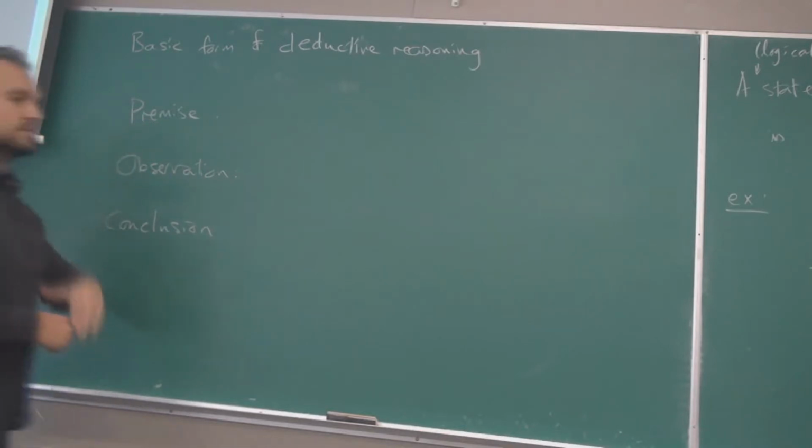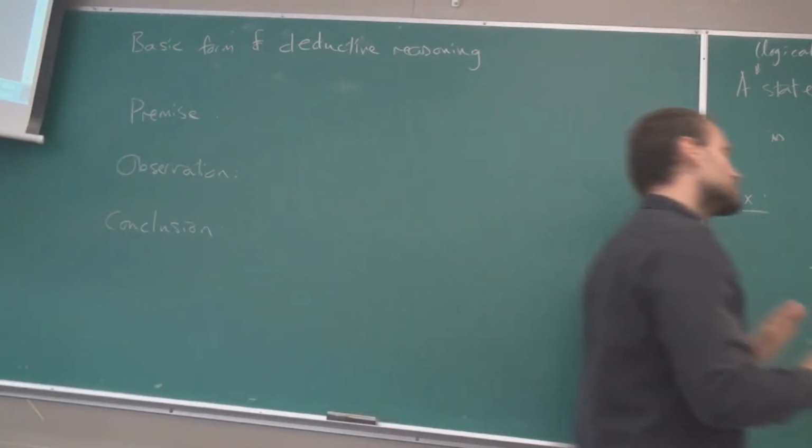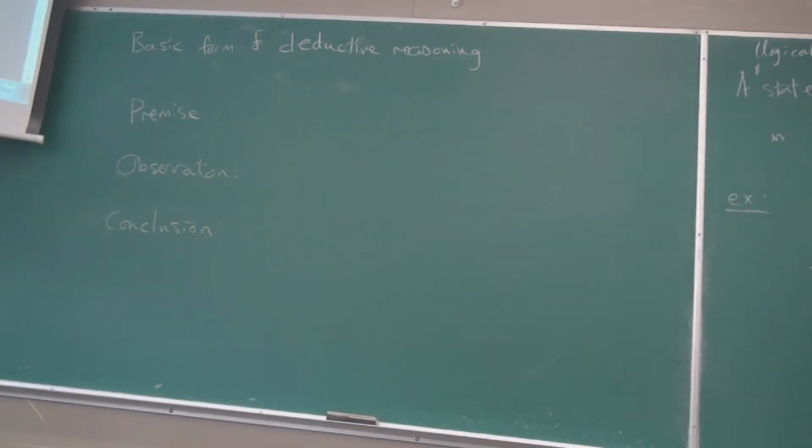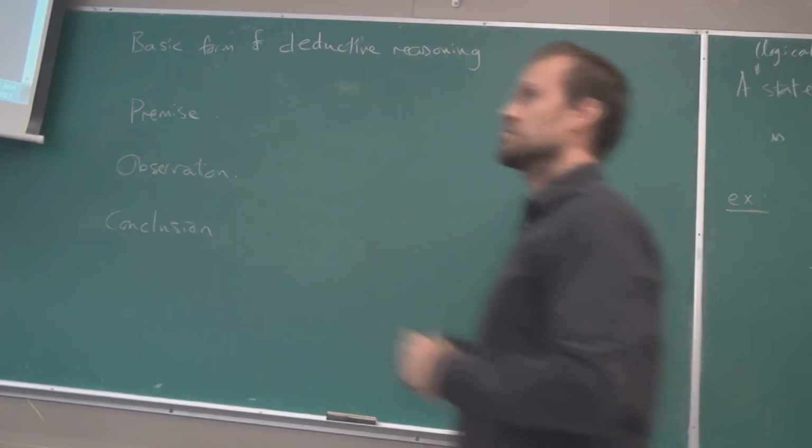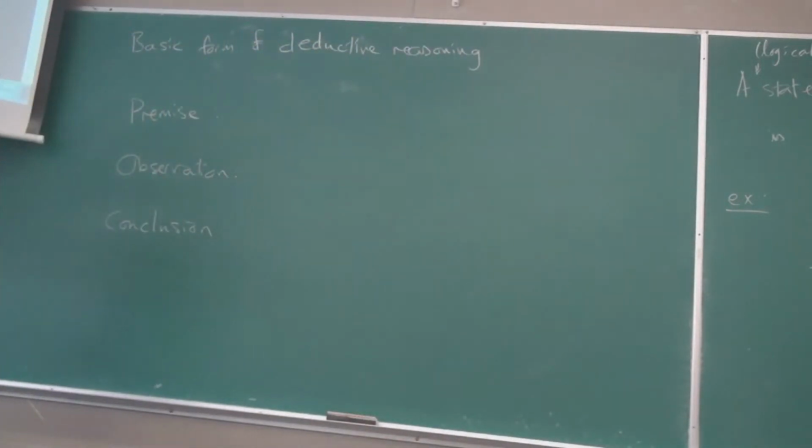The premise is a statement that no one is going to question. We have to have some starting point. Like 1 plus 1 is 2. No one questions that. You have to have something that is true beyond any doubt. You have to have something to work with.